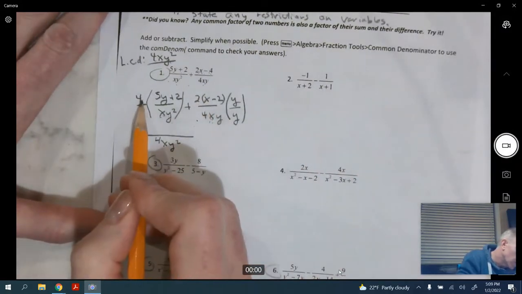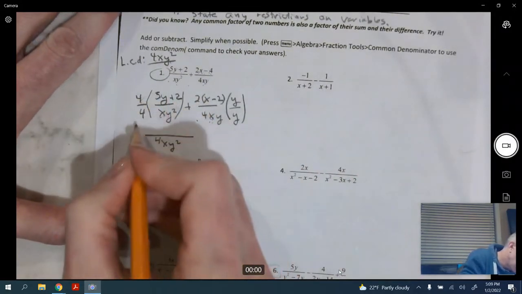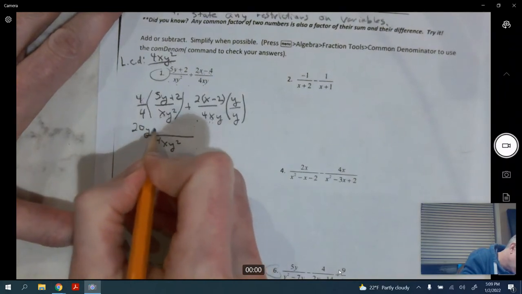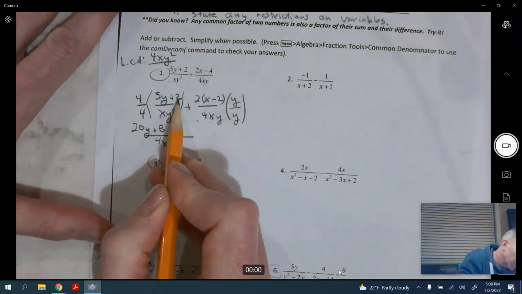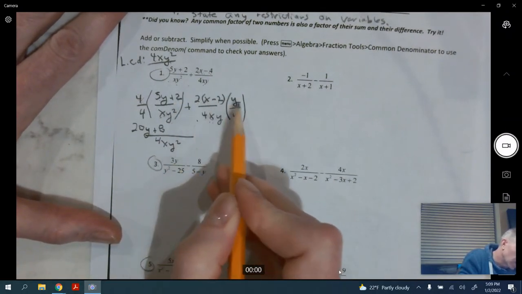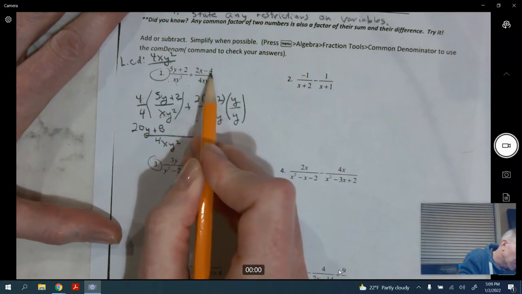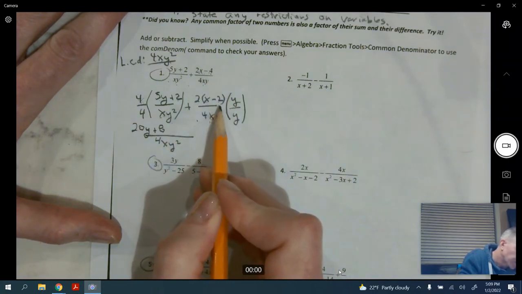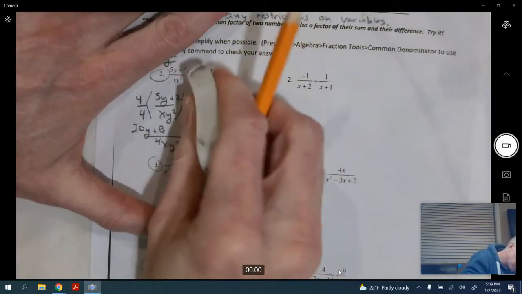Okay, but we're going to get 20y plus 8, and we distribute that 4 to the 5y plus 2. And then we've got 2y times x minus 2, or really the y gets multiplied by the 2x minus 4. Maybe I confused you there.